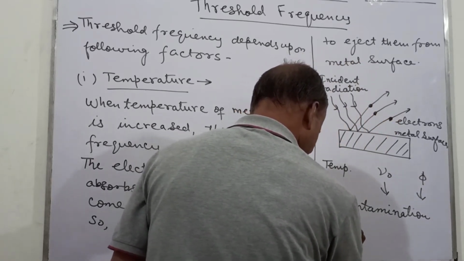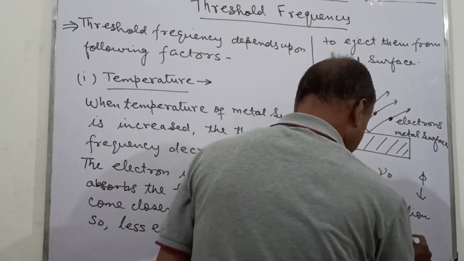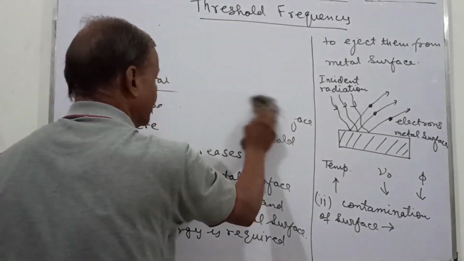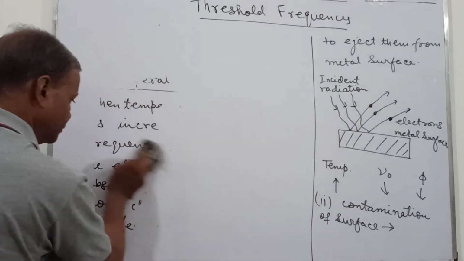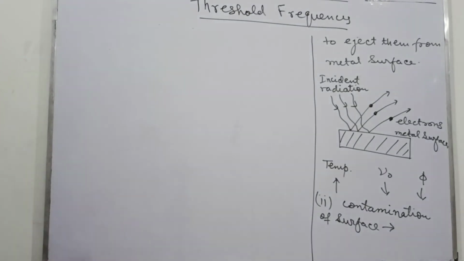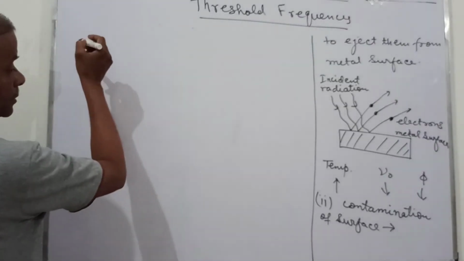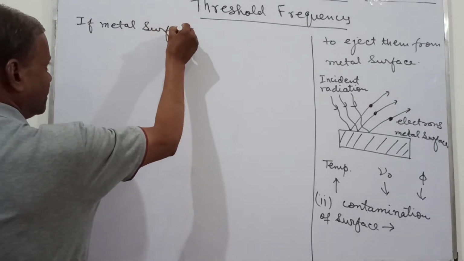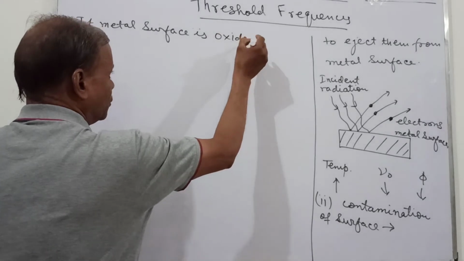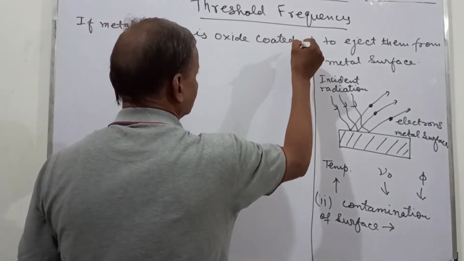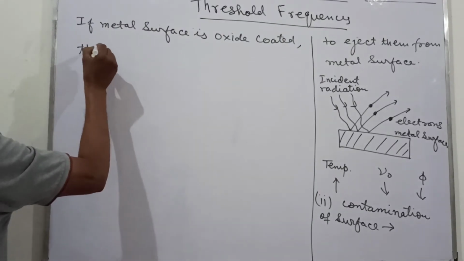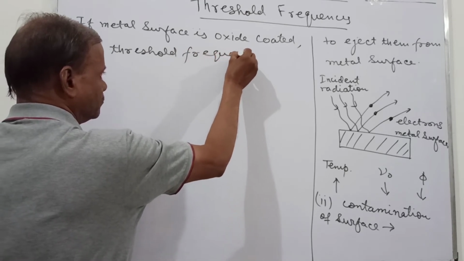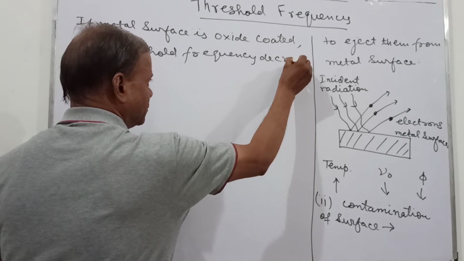Contamination of surface. If the metal surface is oxide coated, the threshold frequency decreases.